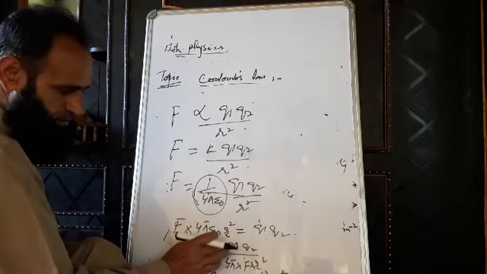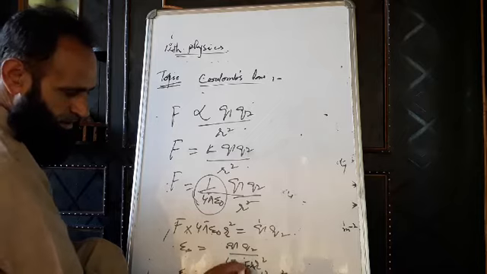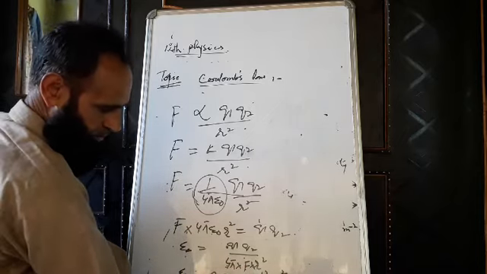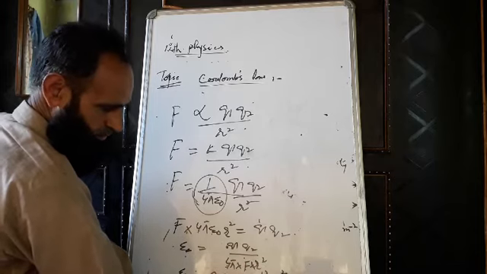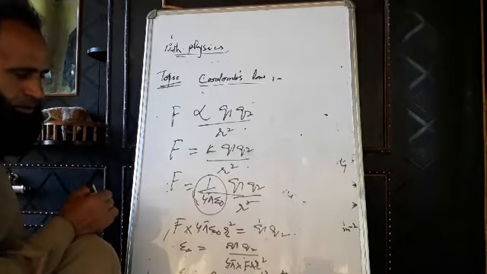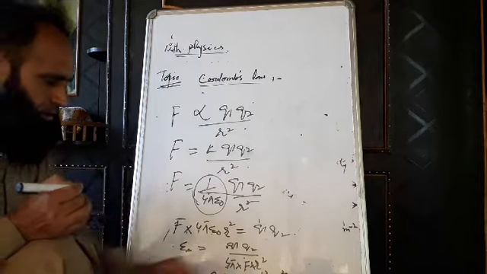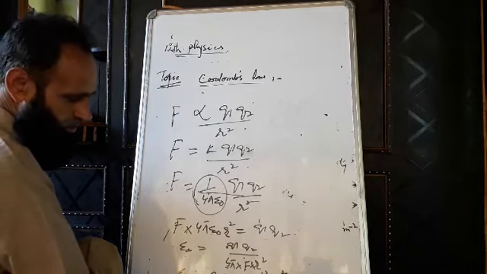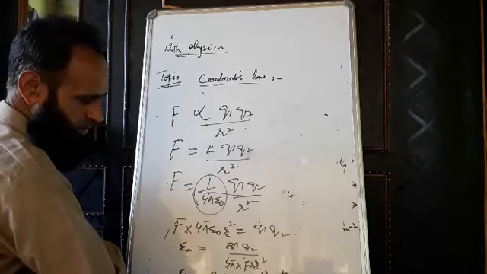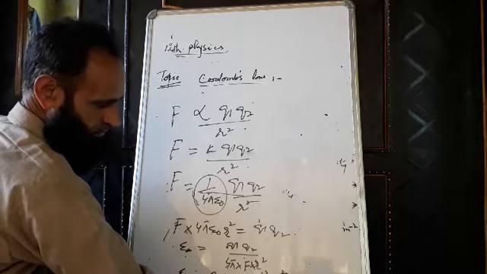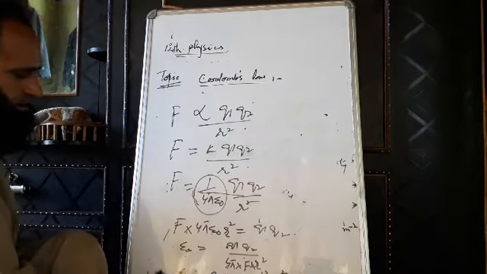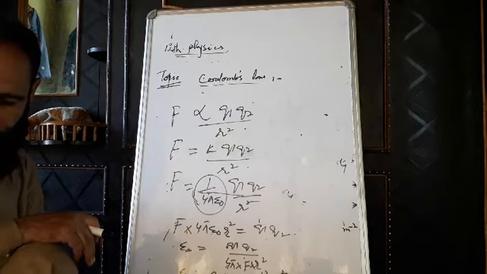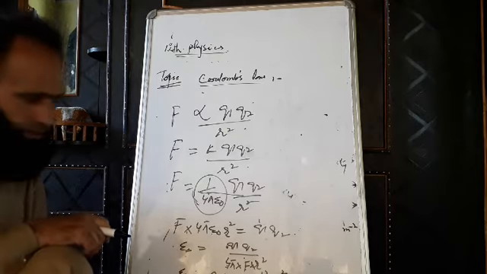For charge we have coulomb square, for force we have newton, for distance we have meter square: coulomb square newton inverse meter minus 2. So 8.854 into 10 to the power minus 12 coulomb square newton inverse meter minus 2 is the value of the absolute electrical permittivity of free space.